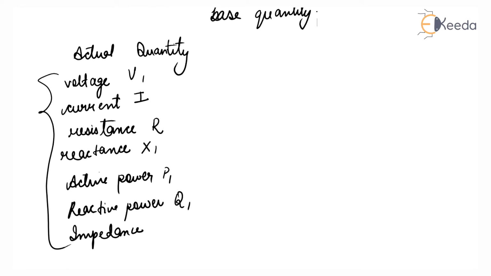The apparent power is in volt ampere, kilovolt ampere or MVA, voltage in volt or kV, current in ampere or kiloampere, and impedances in ohmic values. These are phasor or complex quantities.